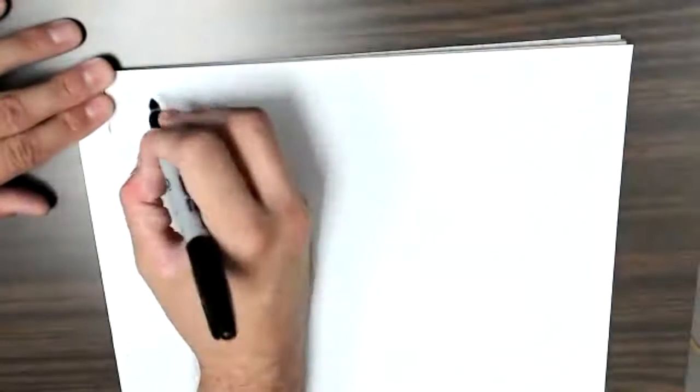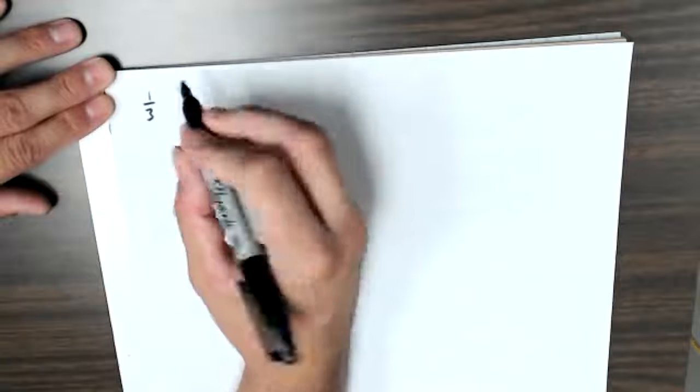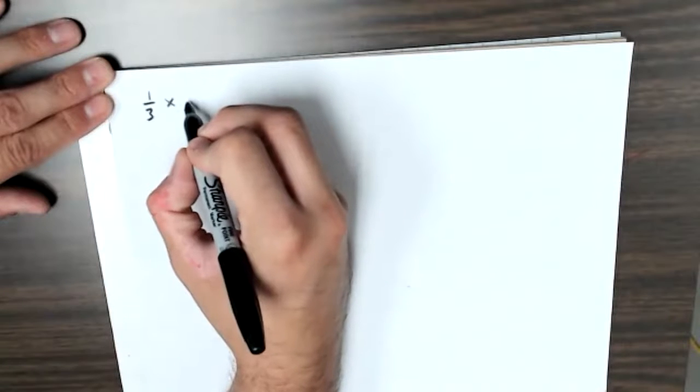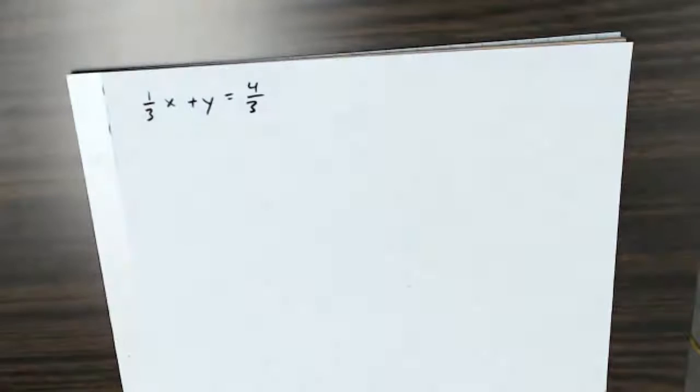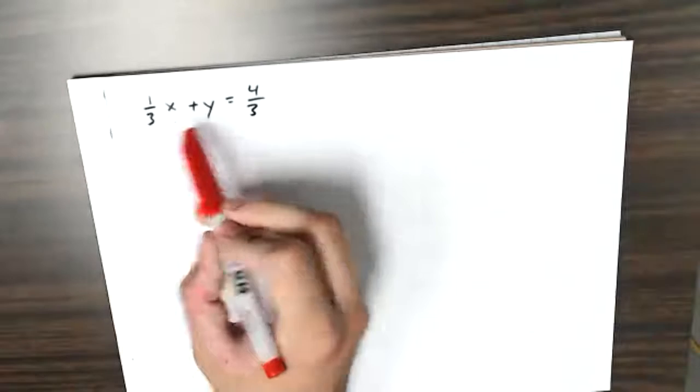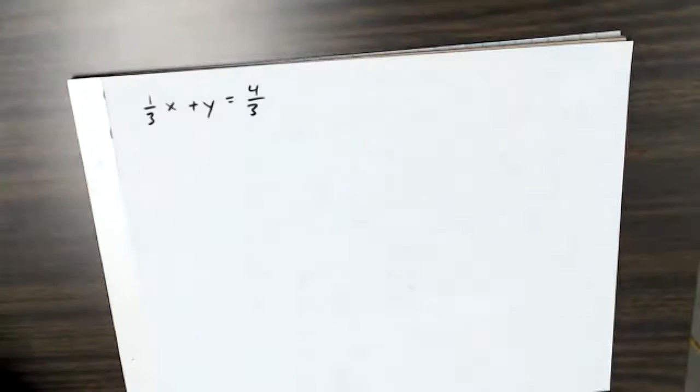I'm going to look at the first equation of 41 first. 1/3 x plus y equals 4/3. There's a really cool trick. If we've got an equation, it has to be an equation, it can't be an expression, especially if we have common denominators in the equation, all you have to do is multiply every single term by a common denominator.